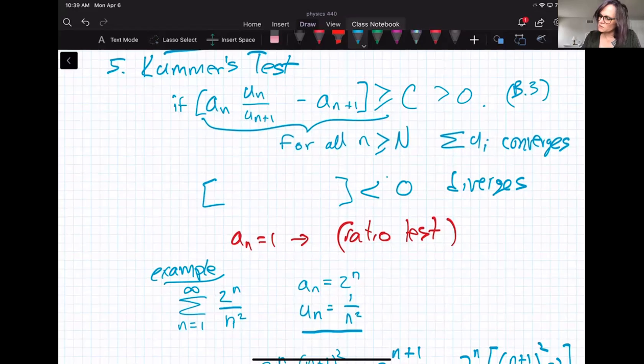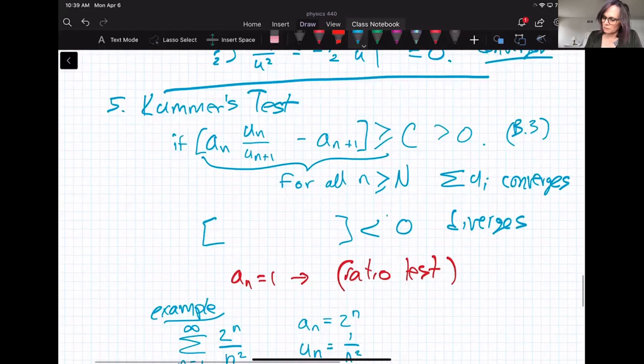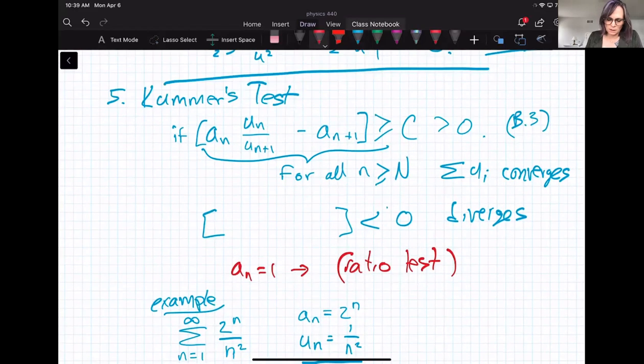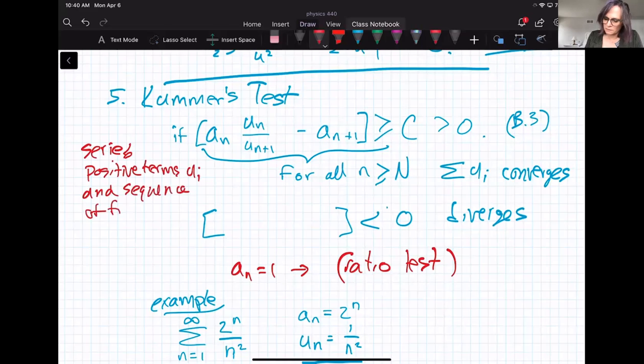Okay, so I guess maybe I should back up a little bit. The definition that we're using here is the series has positive terms, and I can see where this might be confusing, so thank you. So we're considering it has positive terms, u sub i, and a sequence of finite positive constants, a sub i.